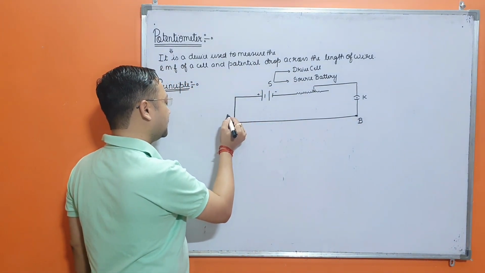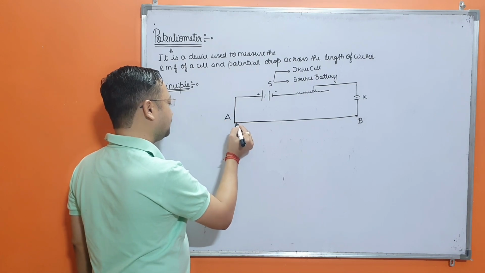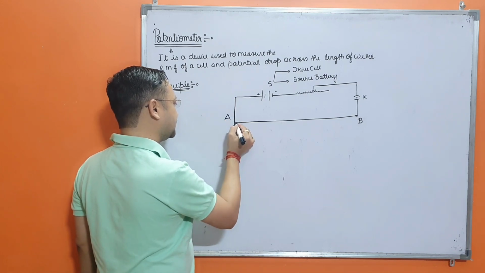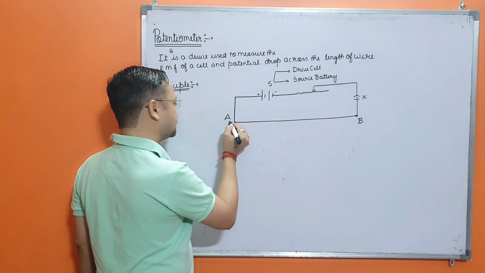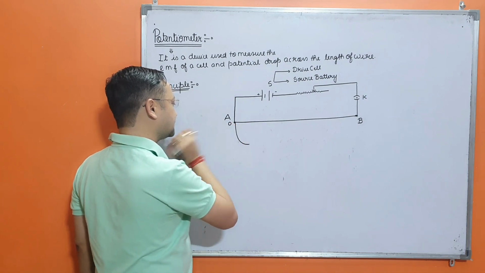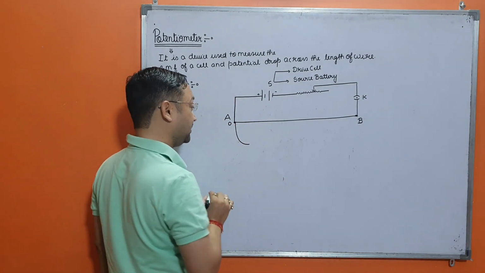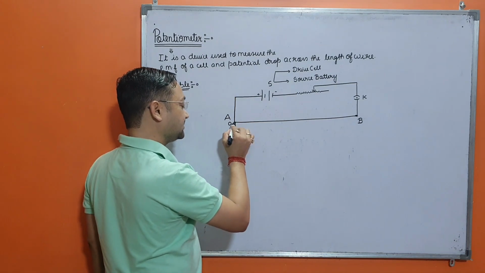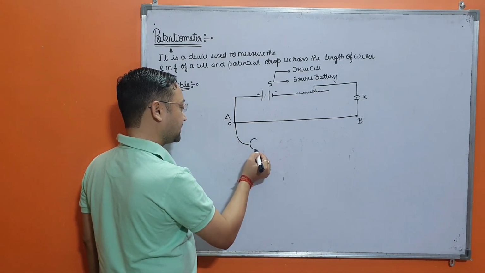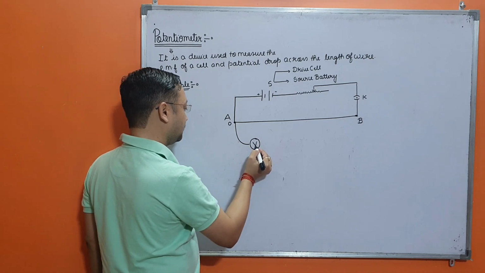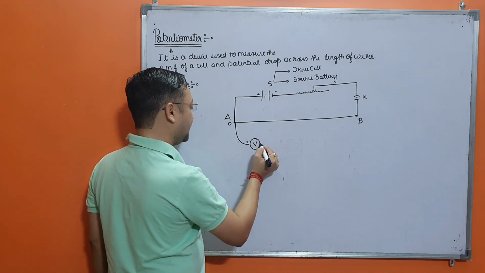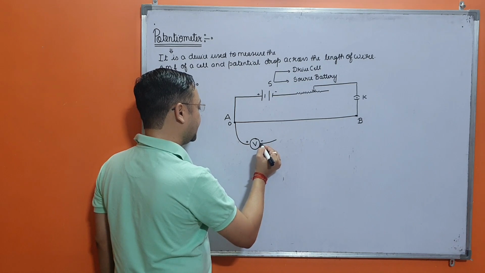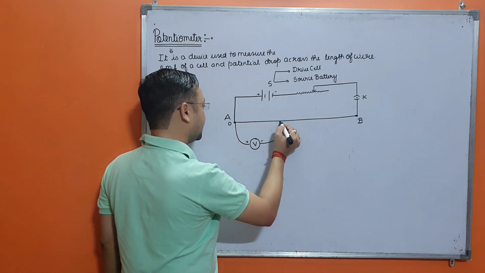Now, we just connect a voltmeter. The positive terminal of the voltmeter is connected to this point, and this is said to be the 0 end of the potentiometer. Means you start counting the length of the wire from this end only, and you connect the positive terminal of the voltmeter up to this, and the negative terminal is connected by a jockey.